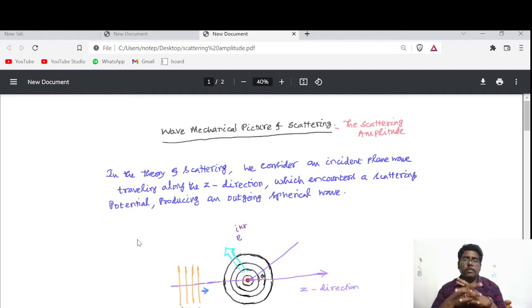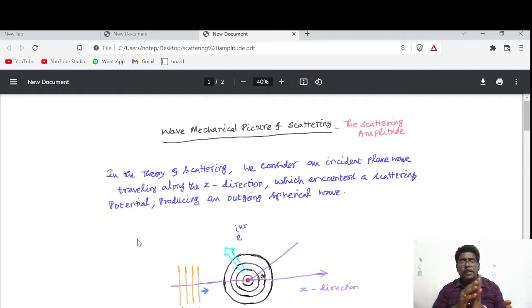In this presentation, we have to talk about the relation between the differential scattering cross section and scattering amplitude. Usually in the process of scattering, if the incoming particles are far away from the scatterer, they may not realize any force. Suppose the particles approach closer to the scattering potential, they may be deviated to some extent.